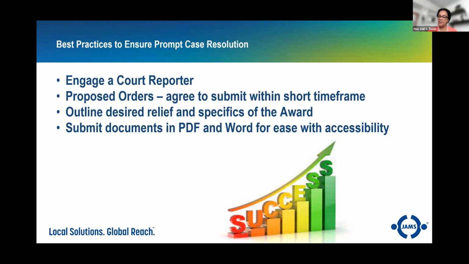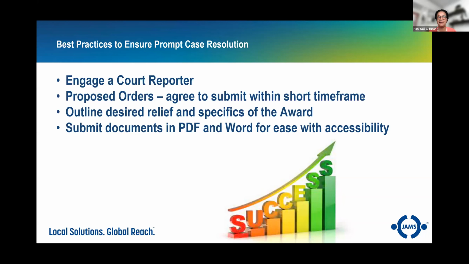I noted earlier, or it might have been in one of the checklists, I don't recall, in terms of the actual award, the practice of requiring parties to outline specifically what they're seeking, numbers, calculations, as opposed to just generic relief, is extremely helpful and highly advised.